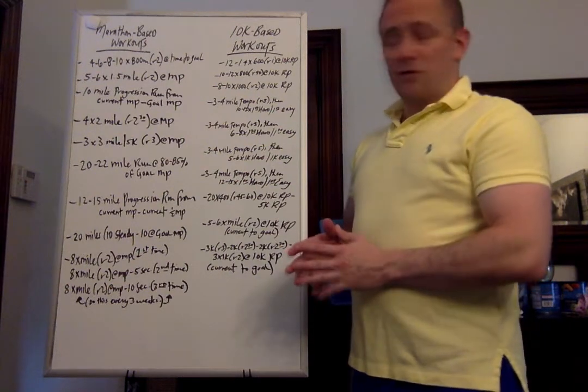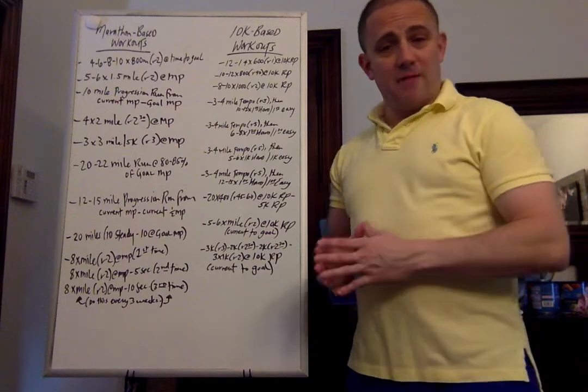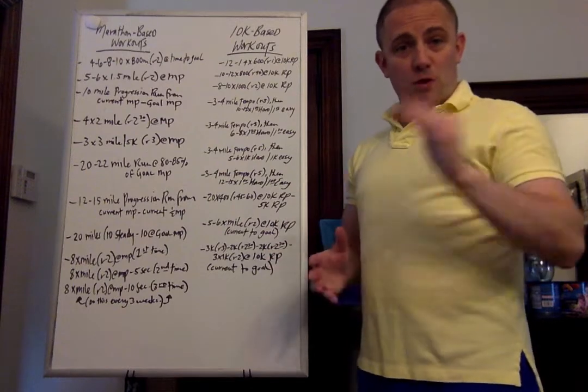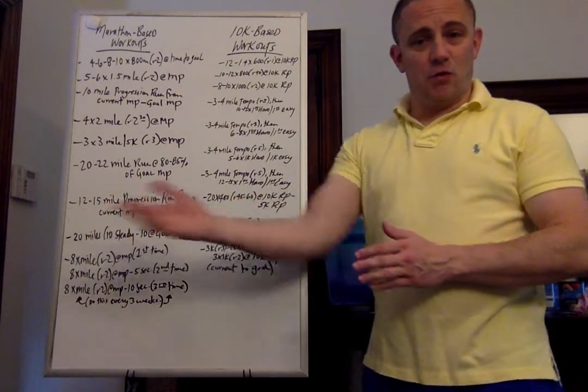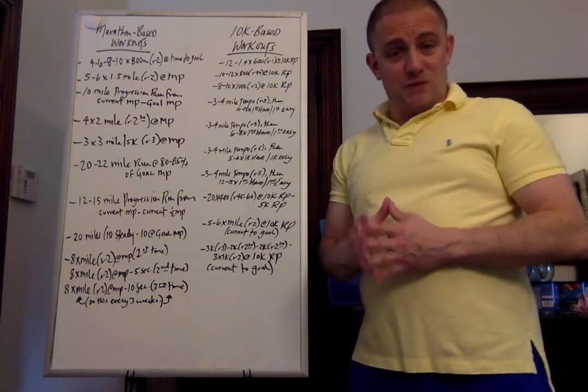Okay? And if your current marathon pace, let's say based on your half-mile time trial, is in between current and goal, then you want to work within that pace range throughout the course of your training program, if it's reasonable.